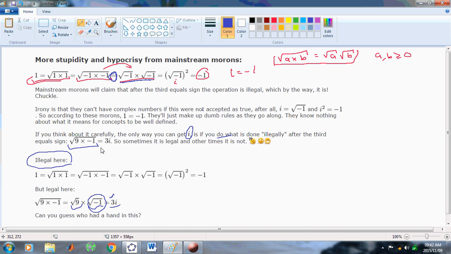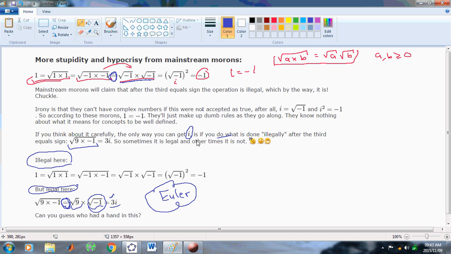But in this case here, it's legal to do that. So this equal sign is exactly the same as this third equal sign over here. Can you guess who had a hand in this? His name starts with an E, followed by a U. That's right, Euler, the idiot mathematician Euler.